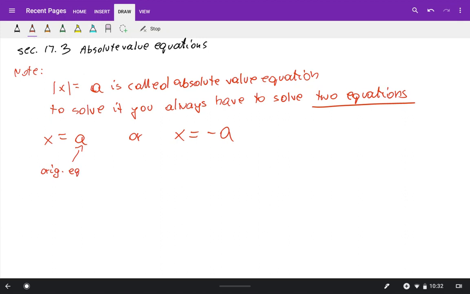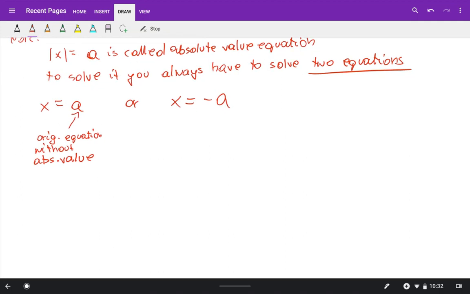So original equation without absolute value. And the second one, here you see negative a, which is the opposite of the number slash expression, because sometimes it can be an expression from the original equation.